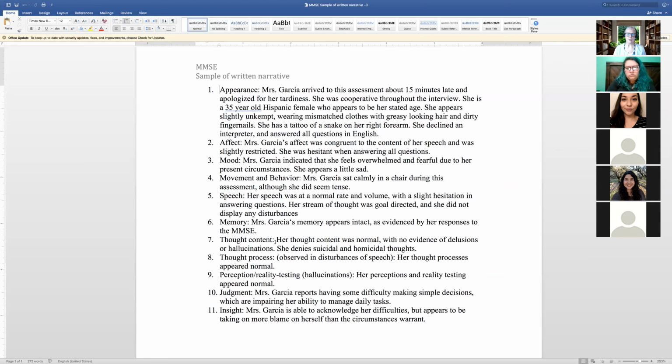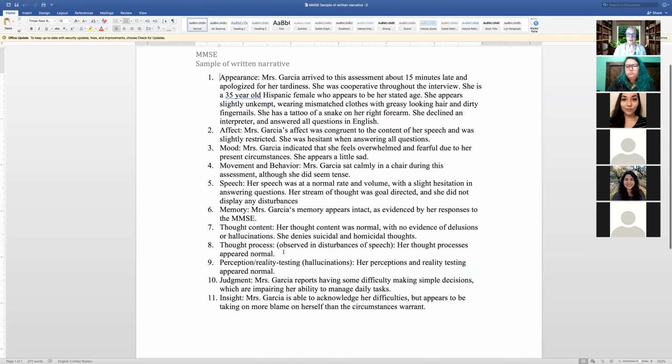Or do they talk about experiencing sensory information that other people don't experience? And that's a hallucination. So you're going to have to give some clinical judgment here about this. Same thing about thought process, and this is observed in disturbances of speech. So does their speech make logical sense? Are they able to answer the question, or do they go off onto some other topic altogether?